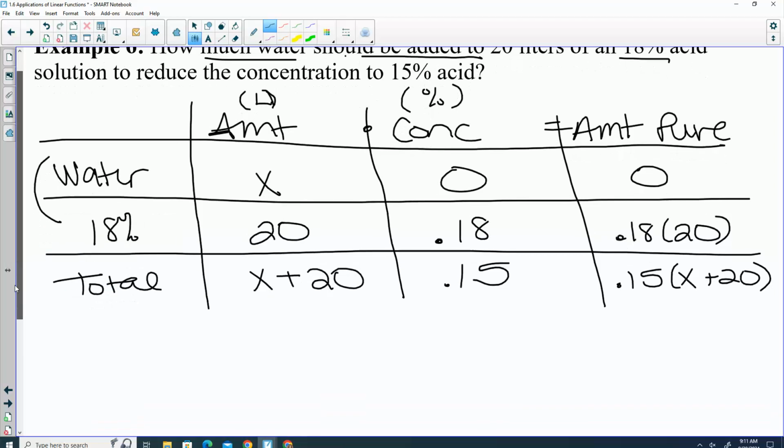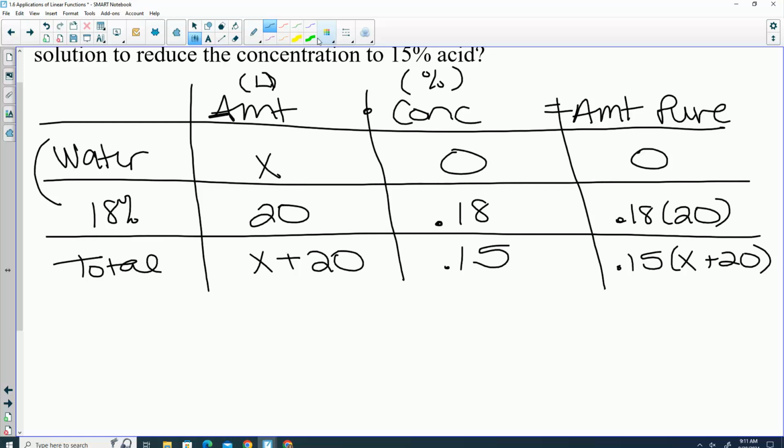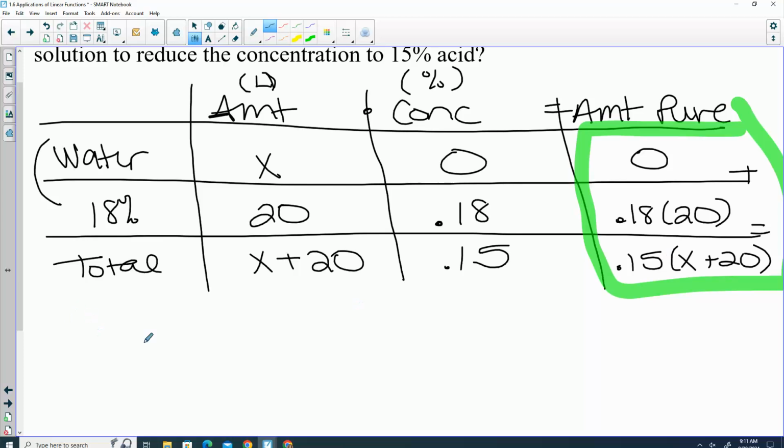So then we know the equation, it just comes from this. What do we have to do every time? What have we done in the last two? Add the first two to equal our total.